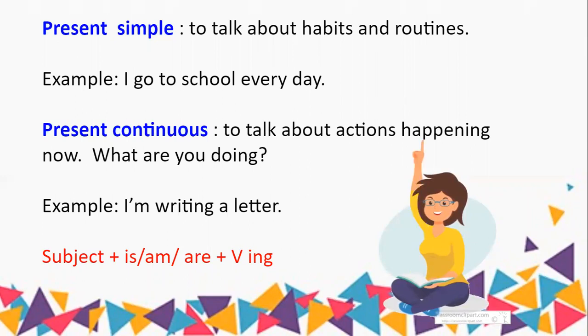I'm writing a letter. In present continuous, we have the formula subject plus the be form of the verb, is, am, or are, plus the verb and ing form. That is the present continuous. Remember the key question, what are you doing?